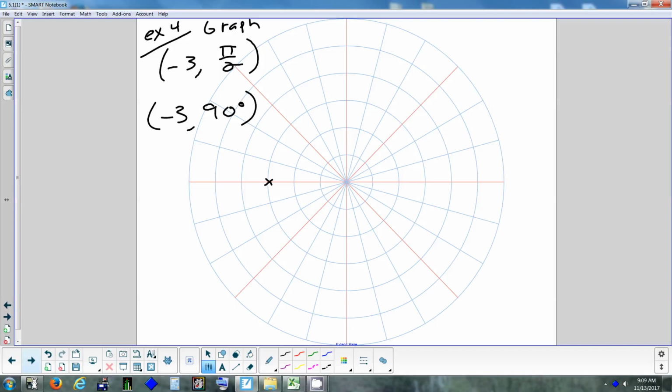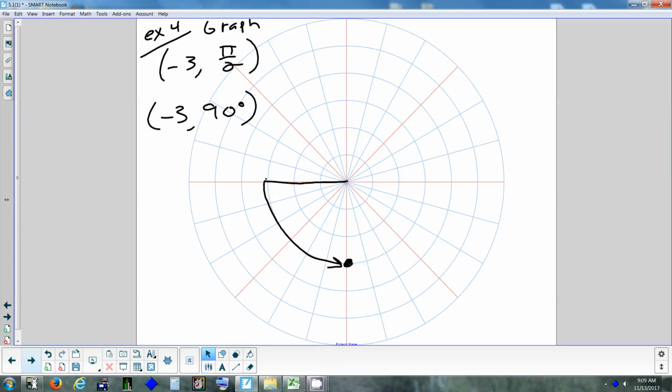Yeah, we'd end up, if you were going in the positive direction, at what we would normally label as 270. If we had a positive radius, 270 would land right there. Well, if you have a negative radius and a 90, you land right there. Okay, for this one, I'm going to draw how we got there. We went left. That's how we got there.